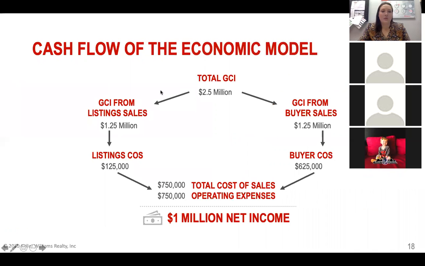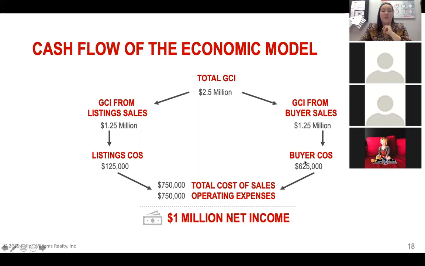All right, so we went through this. This is the basic flow though, without the formula. So 2.5 million in gross commission. We're going to have 1.25 million GCI from buyers, 1.25 million GCI from listings. Your cost of sale for listings will be $125,000.